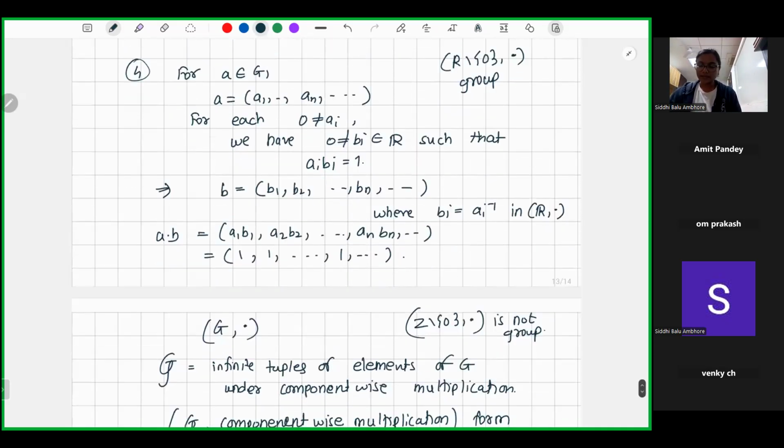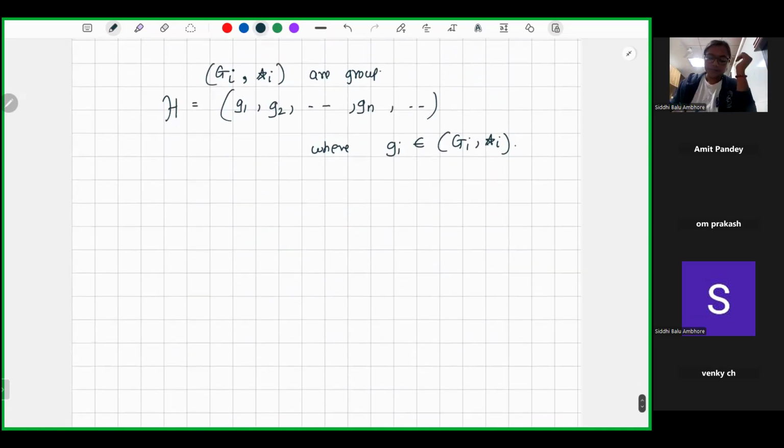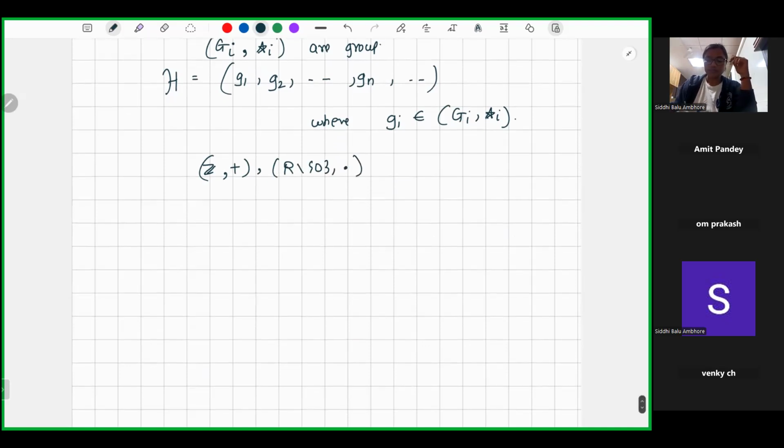Forget about the infinite tuple. Suppose I take Z comma plus and R minus 0 comma multiplication, and my G is the set of A comma B such that A belongs to Z and B belongs to R minus 0.